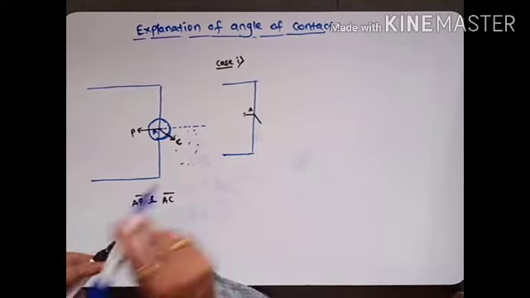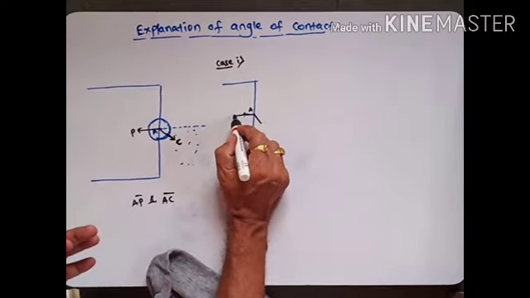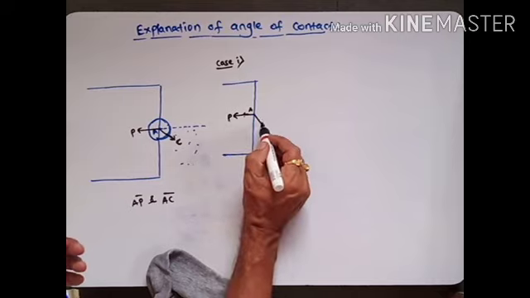Sorry, one mistake here. AP is greater than AC. I will show it like this. AP is greater than AC.